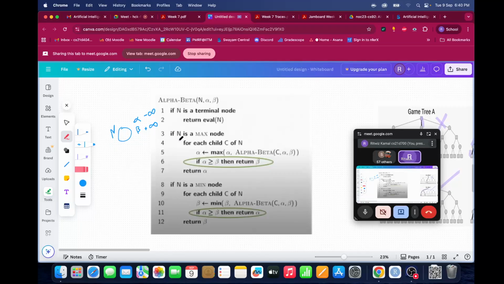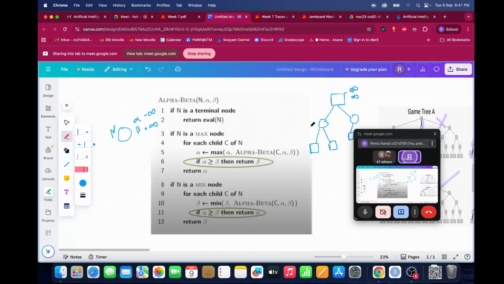For example, if the game tree looked like this, so on and so forth. I'm not drawing the rest of the game tree, just a sample one. This will have initially an alpha value of minus infinity and a beta value of plus infinity.